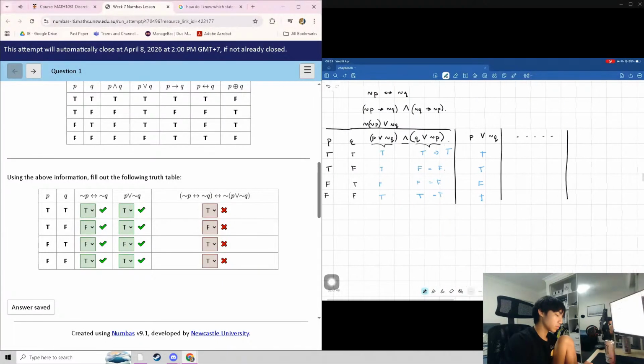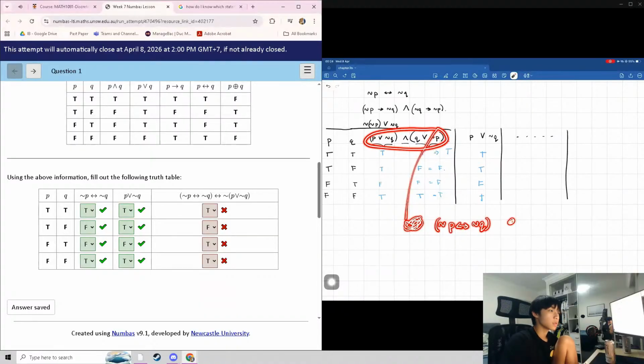I mean, if this is true, okay, this whole statement is the same as, sorry, yeah, this double implies that, whereas it has to imply this one as well.